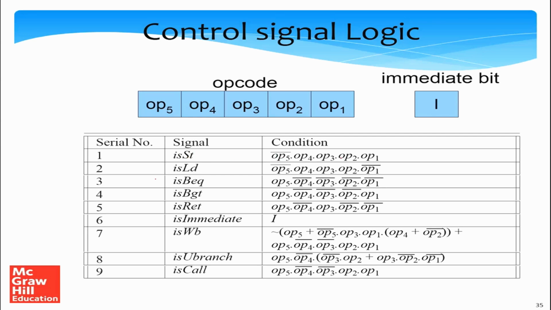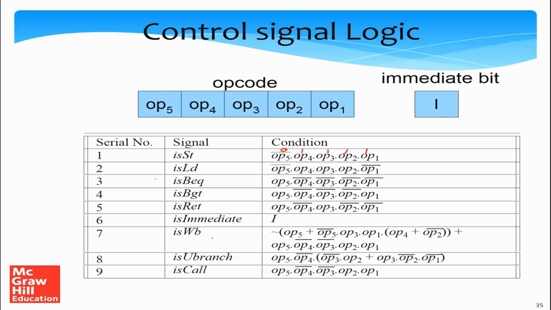This condition basically means that if the OP5 bit is 0 and the rest of the bits are 1, 0, 1, 1, 1, 1, we have the is store instruction, and the is store signal is set to 1. Similarly, there are conditions for the rest of the signals.